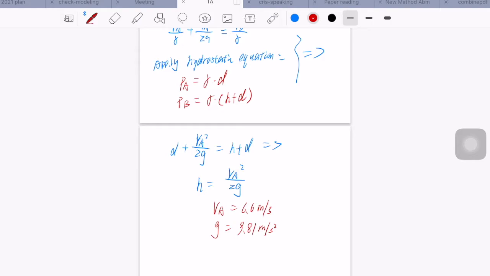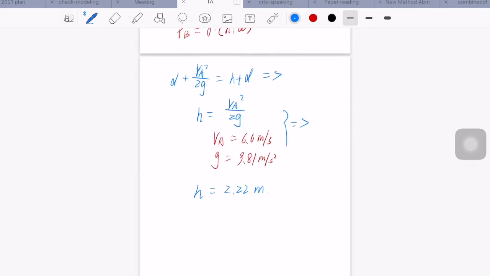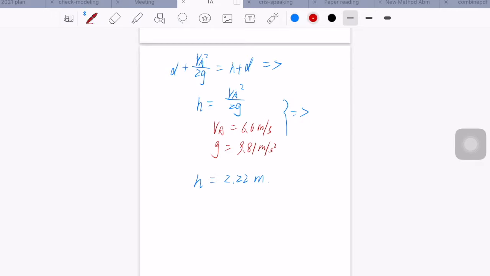So we can determine that H should be equal to 2.22 meters. Actually, this problem is very similar to an example on page 130 in your textbook. You can double check with it. So we finished this problem.